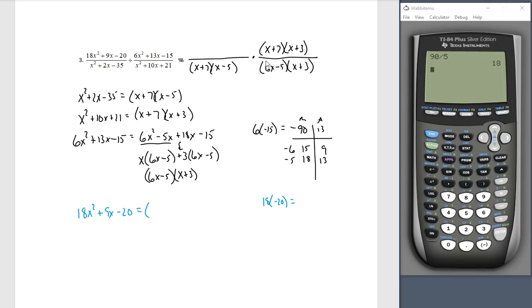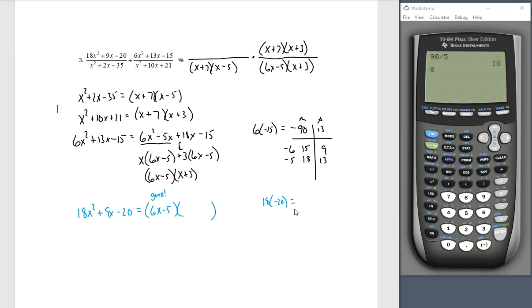So 18x squared, doesn't it seem like it should have a 6x minus 5? This is just a guess. And if that's a 6x minus 5, I could figure out what this part has to be, and then I'll check it, right? I could always go forward and use the same factoring techniques, factoring skills.